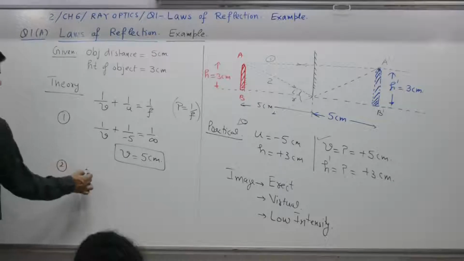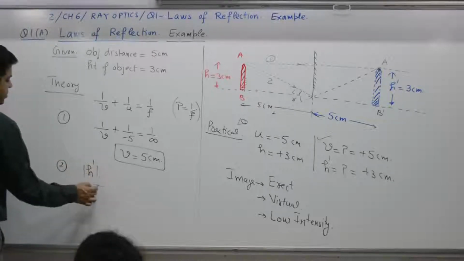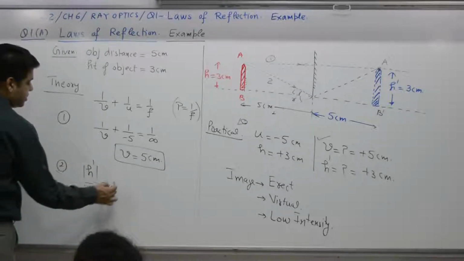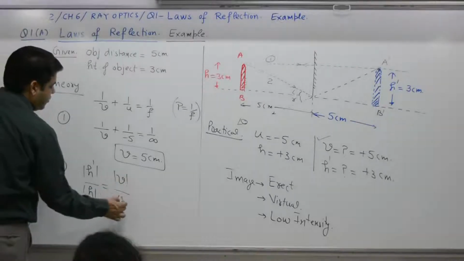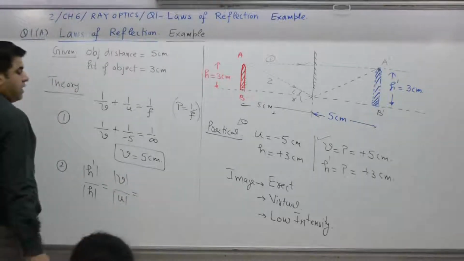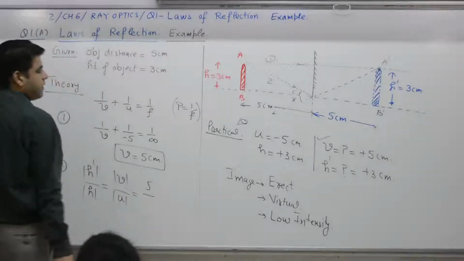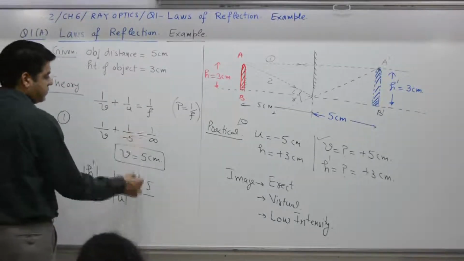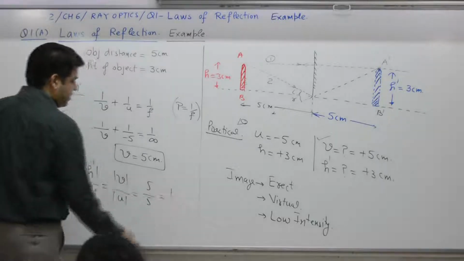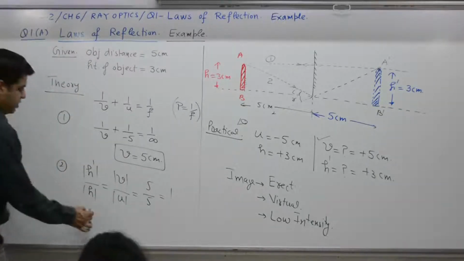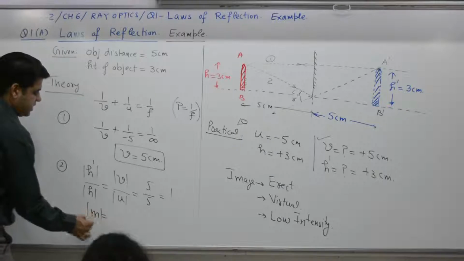2. Second, magnitude of H dash over magnitude of H is equal to magnitude of V over magnitude of U. Magnitude of V is 5. Magnitude of U is 5. So it is 1. It means magnification, magnitude of magnification, is 1.